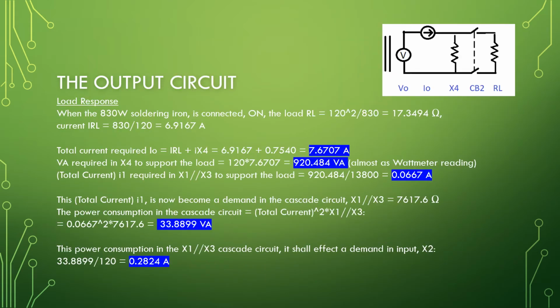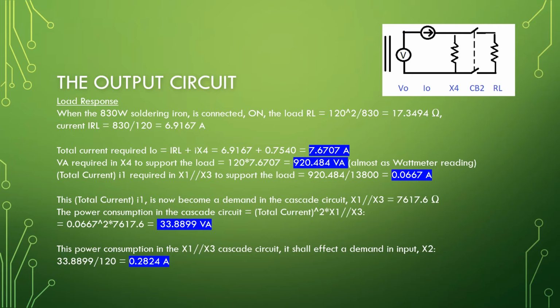Load response. When the 830 watt soldering iron is connected on, the load RL equals 120 squared divided by 830 equals 17.3494 ohm. Current IRL equals 830 VA divided by 120 volt equals 6.9167 ampere.